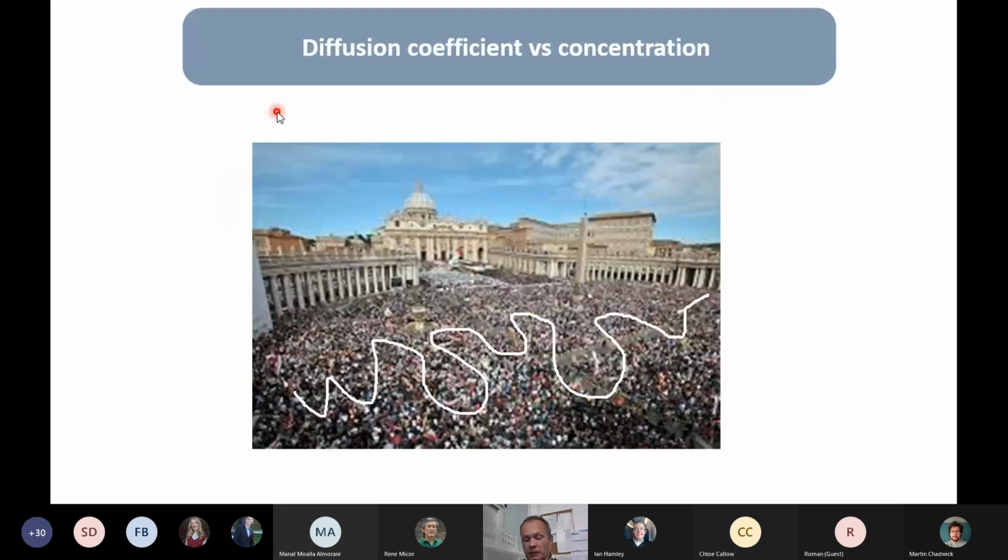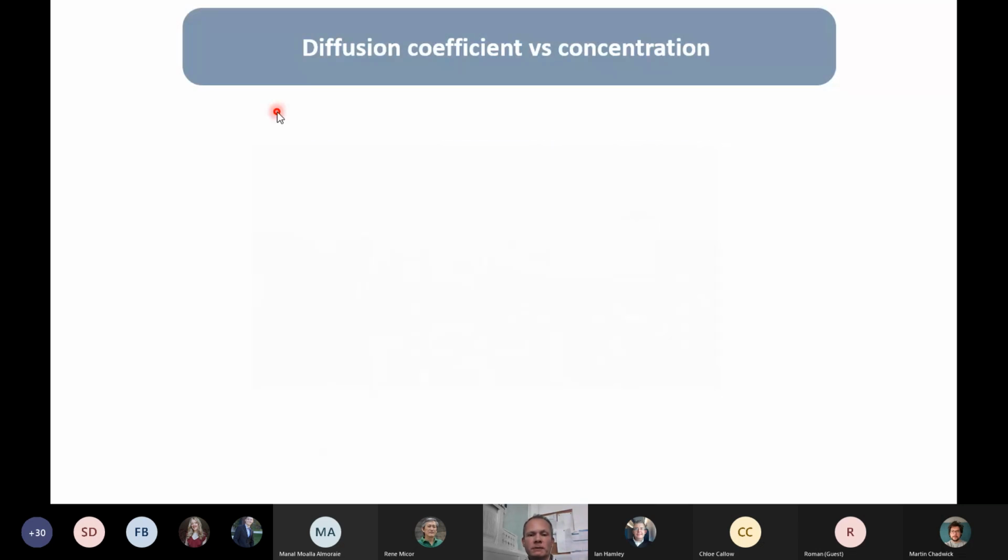Okay, and the final example of a problem that you might experience with the analysis of dynamic light scattering is when you're working with a concentrated solution, because the diffusion coefficient that you are measuring depends on the concentration of your proteins, or of your emulsions.